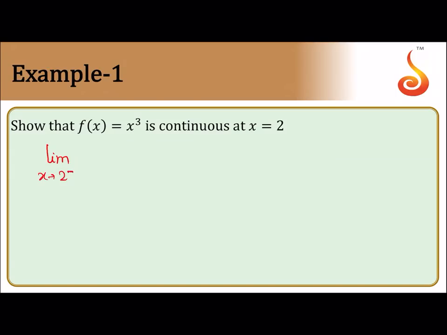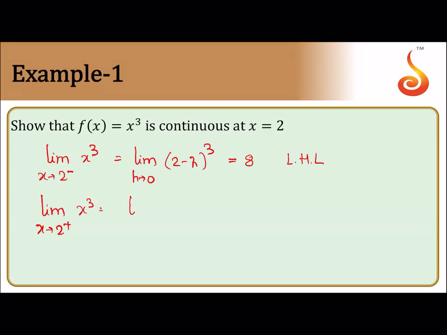Show that f of x equal to x cube is continuous at x equal to 2. Mathematically, how do we do it? Limit x tending to 2 minus x cube, step 1, equals limit h tending to 0 of 2 minus h whole cube. This will give you 8.